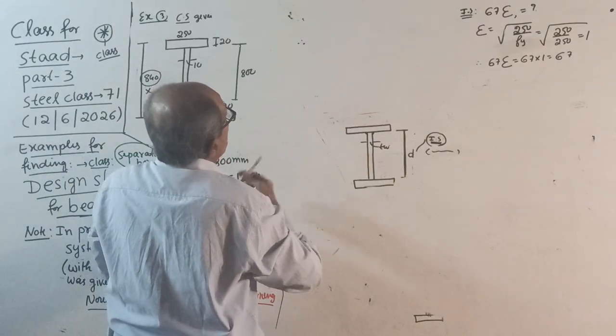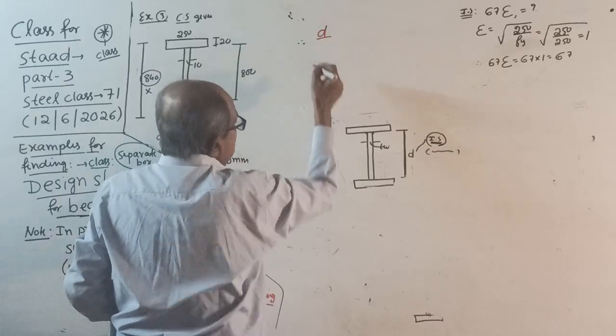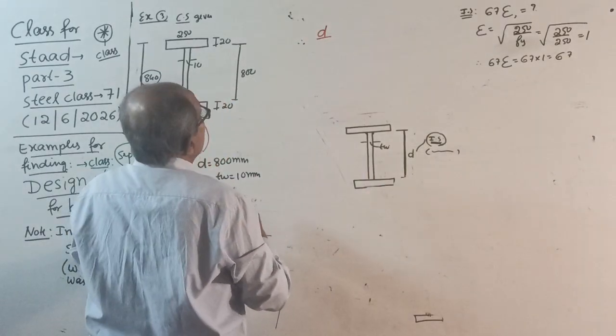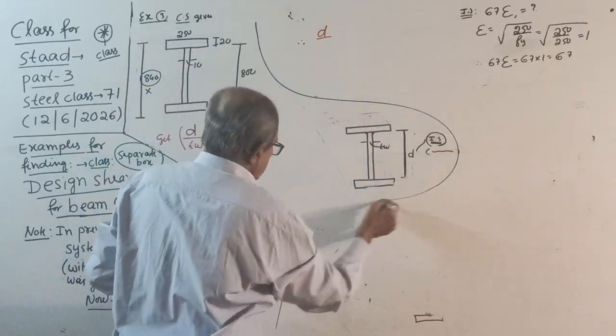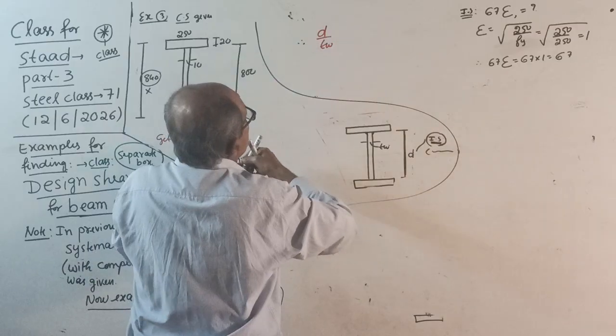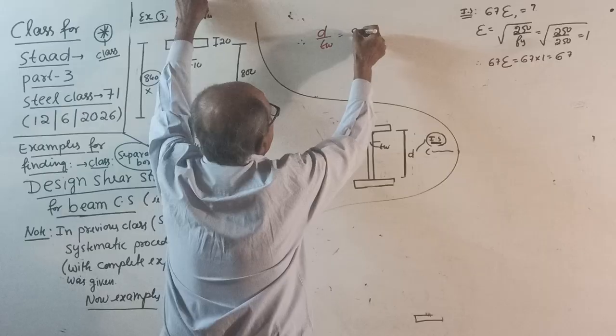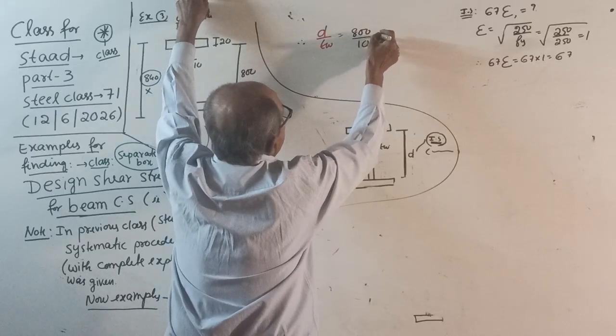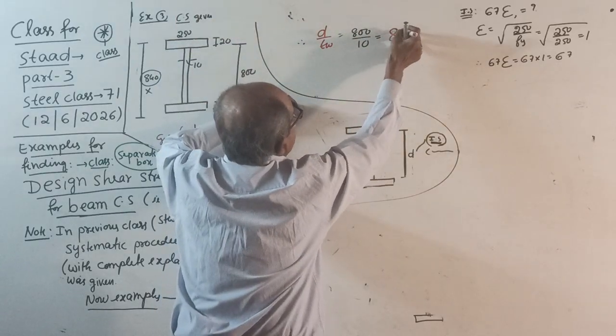Therefore, your ratio D by TW, this sketch should come here, not there. Therefore, D by TW equals 800 divided by 10, equals 80.